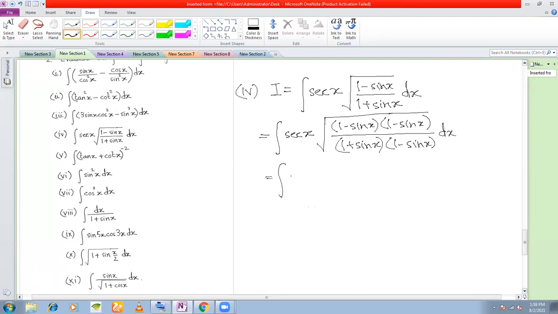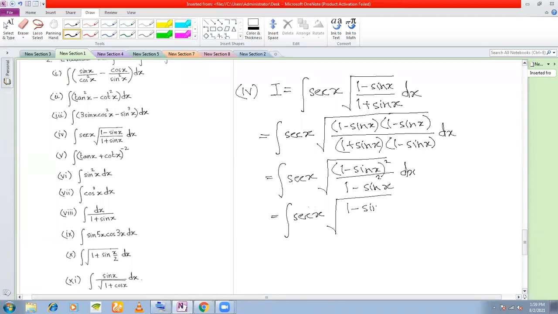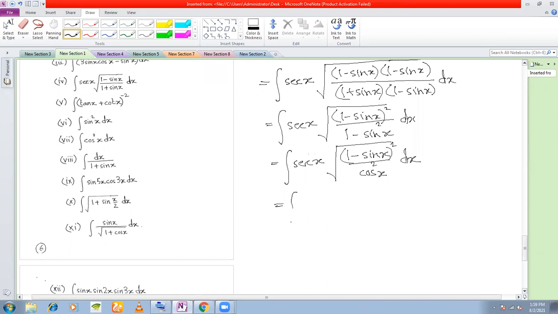Okay, so you get integral sec x root 1 minus sin x whole square divided by 1 minus sin square x dx, which is integral sec x root 1 minus sin x whole square divided by cos square x dx, which is integral sec x dx root 1 minus sin x divided by cos x whole square dx.